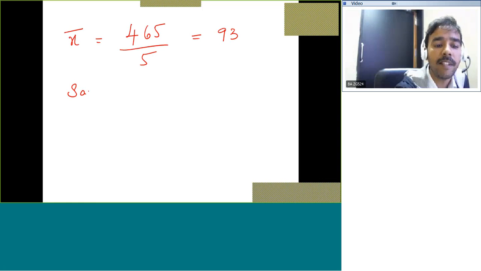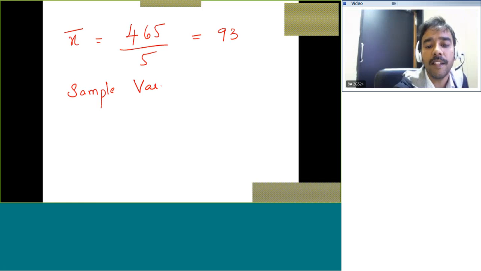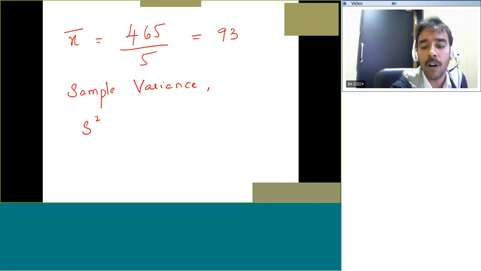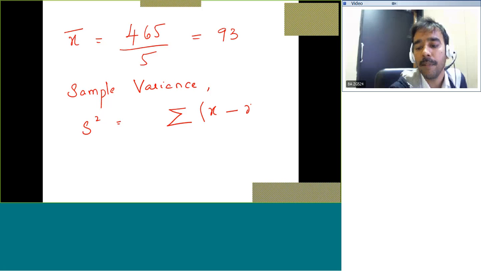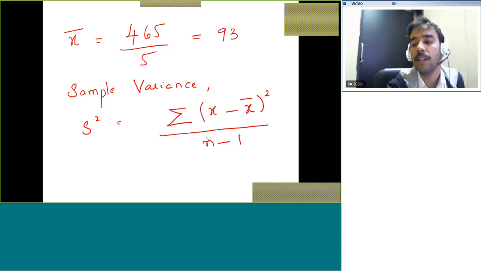Sample variance, please remember there is an interesting observation. The sample variance formula is S square: sum all the deviations from sample mean, square it, add it and divide by n minus 1, not by n.